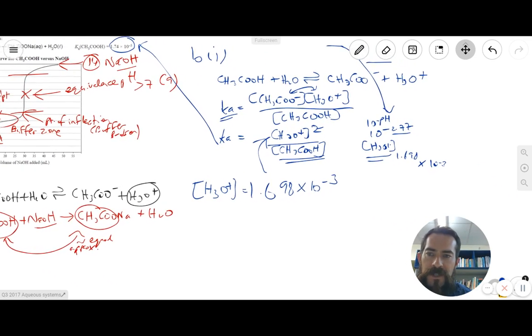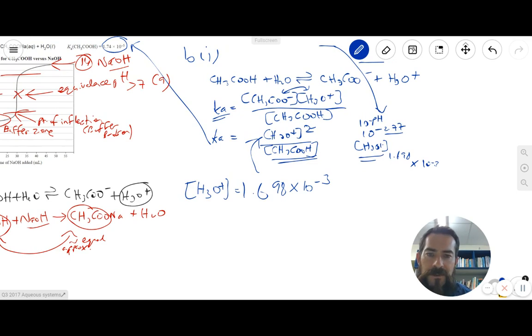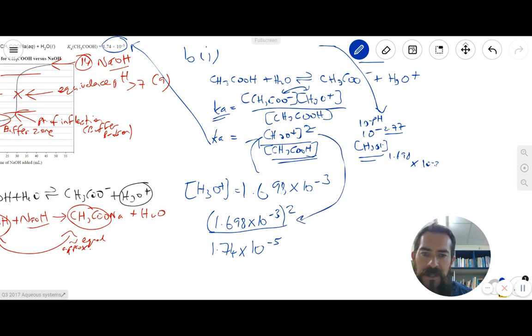So if we move over here now to give us some space, we're going to rewrite our expression. The Ka is 1.74 by 10 to the negative 5. Okay. Then if we take that value and above it, we put the concentration of the hydronium ions, which we figured out earlier, and we square that number. So we're just doing this calculation here. And we took the Ka across and we moved the concentration of ethanoic acid over there.